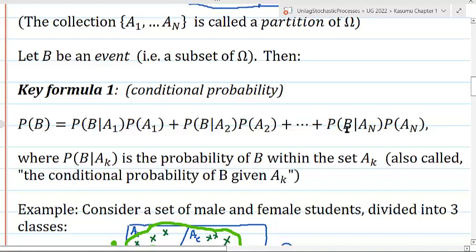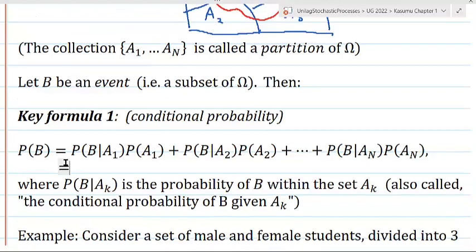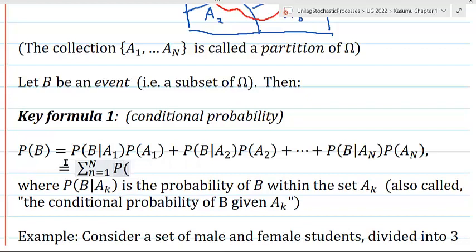In fact, this can be written in summation notation as the sum from n equals 1 up to large N of the probability of B given A N times the probability of A N. And that's a shorter way to write the same formula.